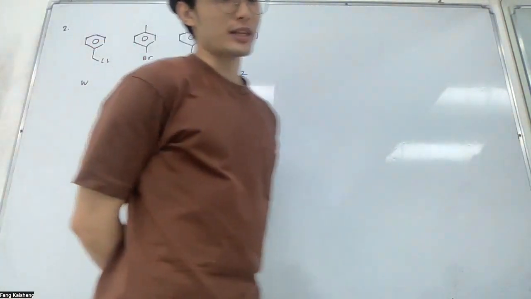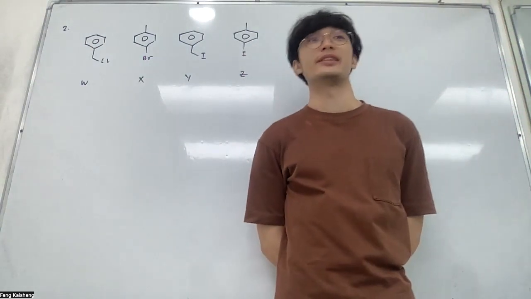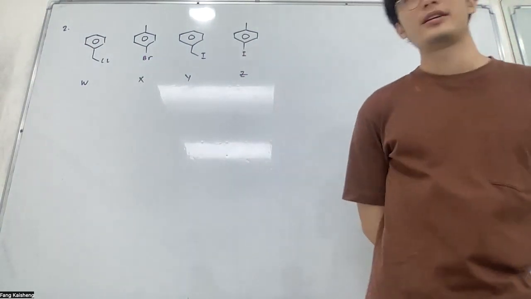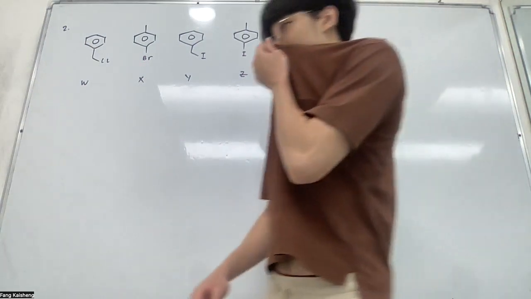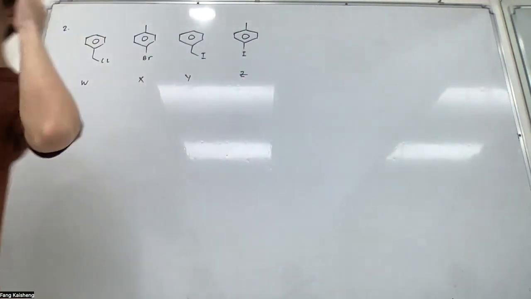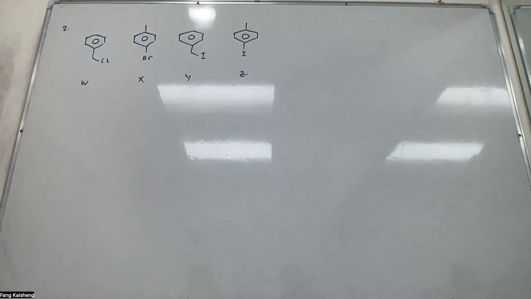So for the first option, they ask which one forms a precipitate and which one does not. Look at the structures. In the way they place their halogens, it's a little bit different.